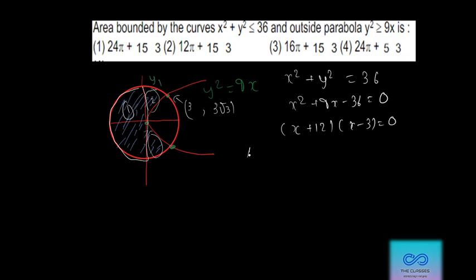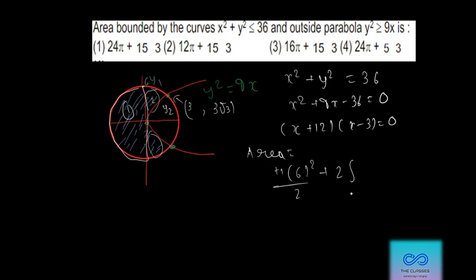Now we'll take out the area. The first one will be pi r square by 2, and r is 6 here, so pi 6 square by 2, plus 2 times this and this. Let's suppose I am calling this y1, the circle, and this y2.